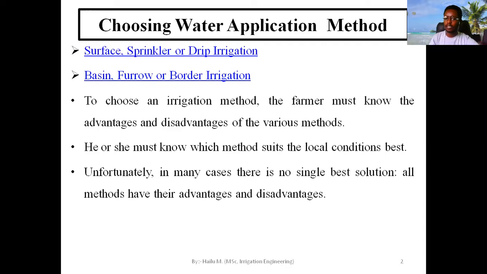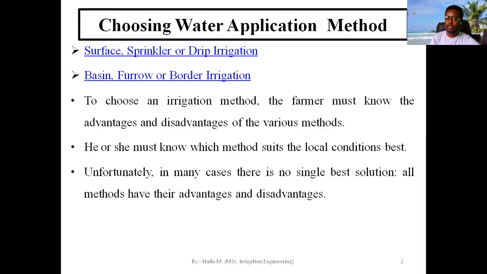It's known that every irrigation method has its own advantages and disadvantages, but our performance, our quality of application, and the proper identification of the condition limit its disadvantages. So one farmer must know which method suits the local condition. Not only farmers, every irrigation expert should know which irrigation method suits the local condition.